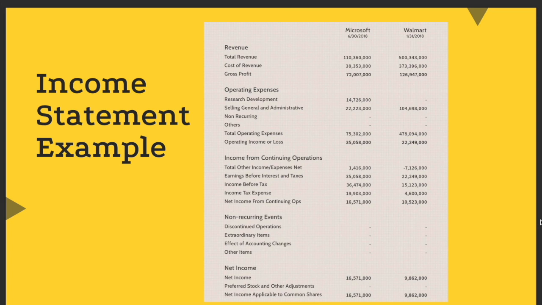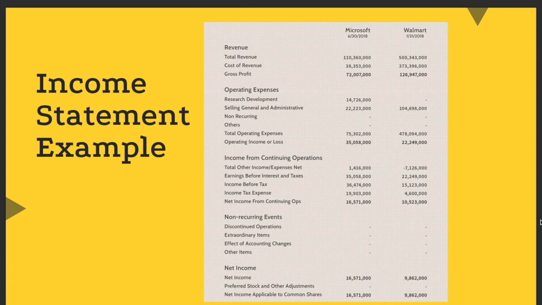Microsoft spent 14 billion on R&D and 22 billion on selling, general and administrative expense, SG&A. The total operating expenses are computed by summing all these figures, 38, 14, and 22. So in total it will be 75 billion.